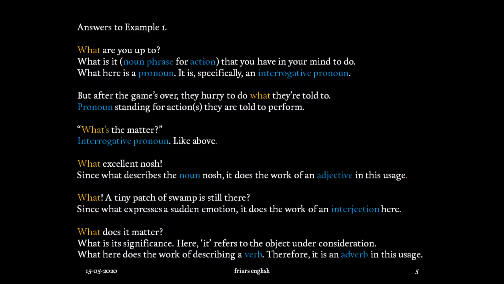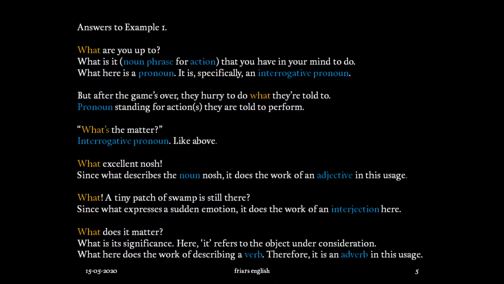What excellent nosh. Since what describes the noun nosh here, it does the work of an adjective in this usage. So nosh is a noun here which is being described by two adjectives, which are what and excellent. And this is a form that is followed everywhere.